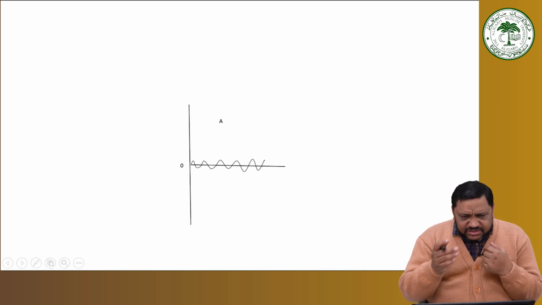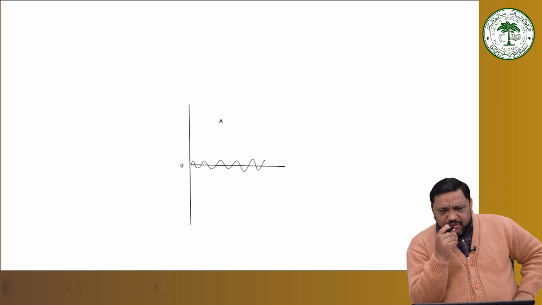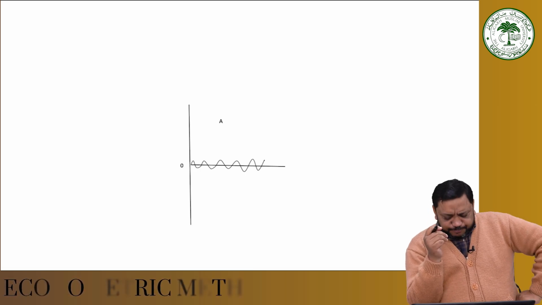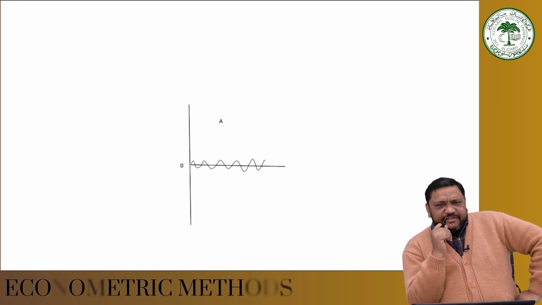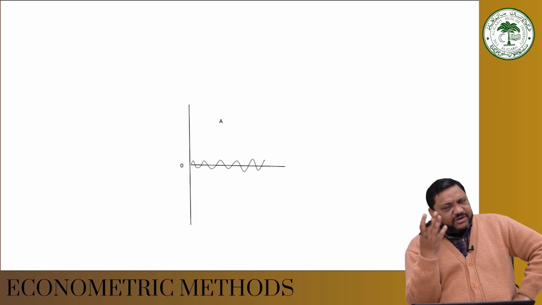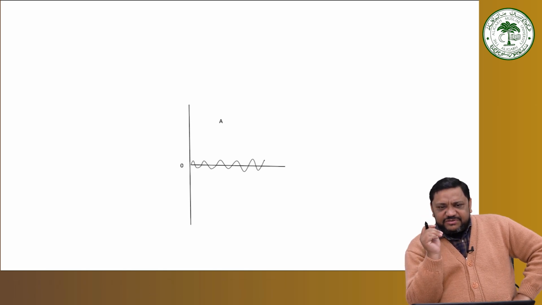So let us start with a graphical representation of the data. Suppose you have this data and it is plotted. We get a picture like this. If this is the type of data, we are very lucky, in the sense that we will most probably go back to our OLS and estimate the parameters.